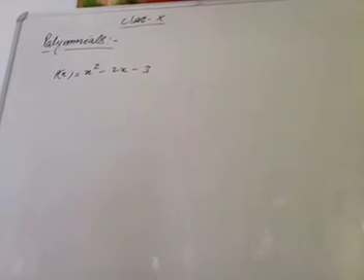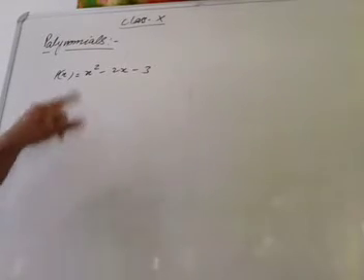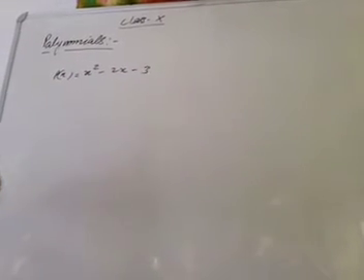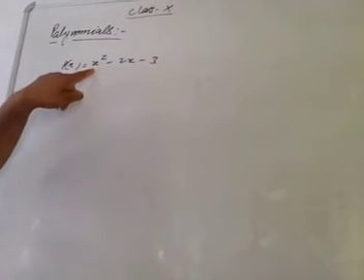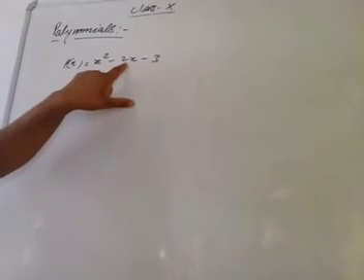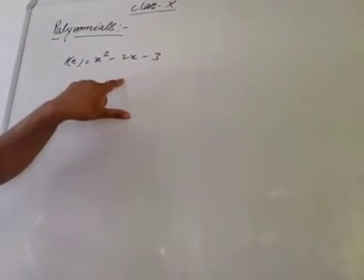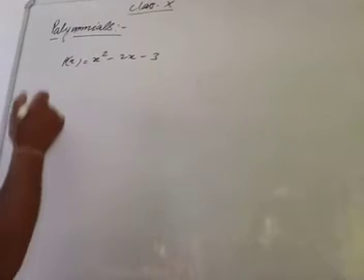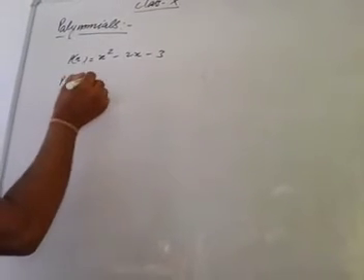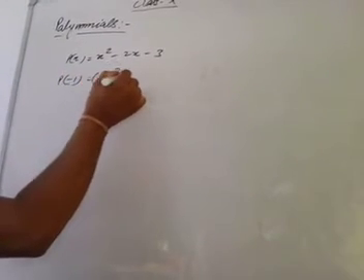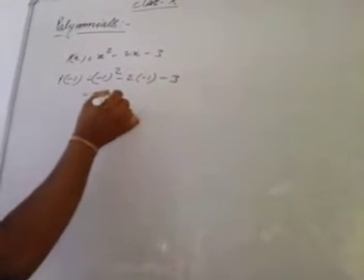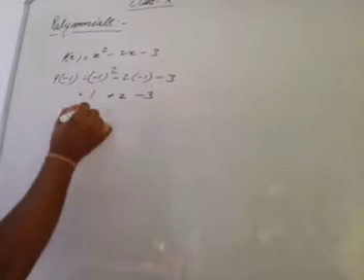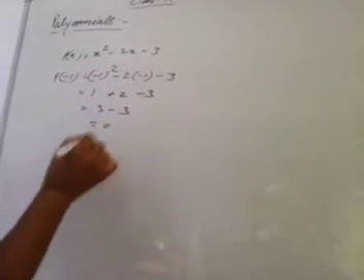So let's try for 1, this will be 1 and this will be negative, so it can't be equal to 0. If we take -1, then it becomes 1 plus 2, 1, 2, 3, and -3. So at -1 we will try -1 squared, -2 into -1, -3, it will be 1 plus 2 minus 3, 3 minus 3 is 0.